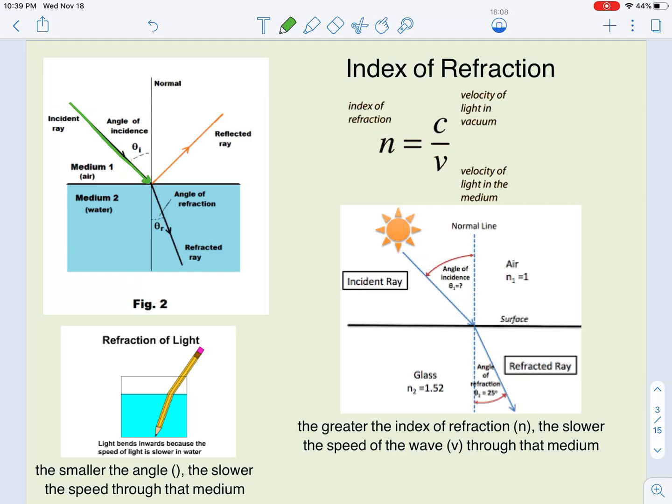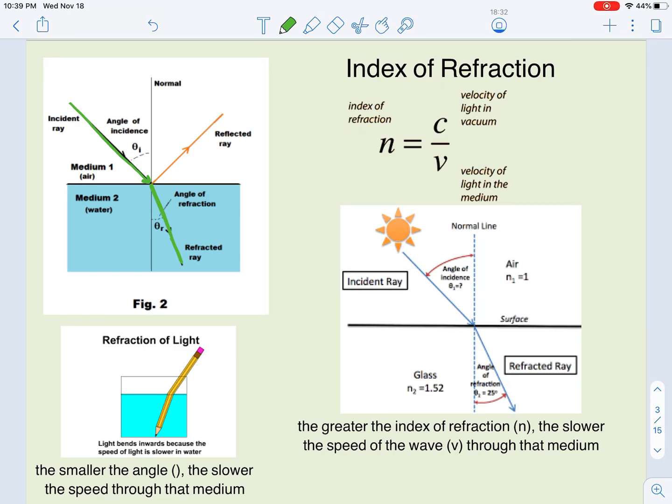We have our incident ray. So remember, incident is the original beam, and it is going to strike this boundary. So it's going to hit the top of the water. Now, some of that light is going to be reflected, and we're not going to focus on that right now. We're going to focus on the light that passes through the boundary.